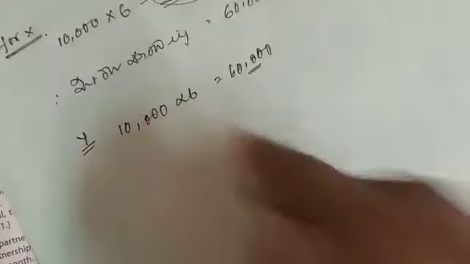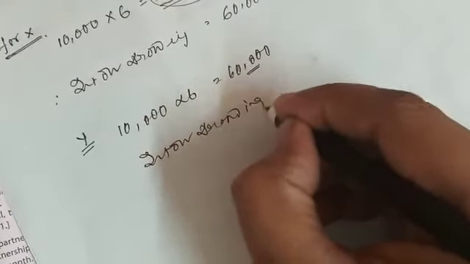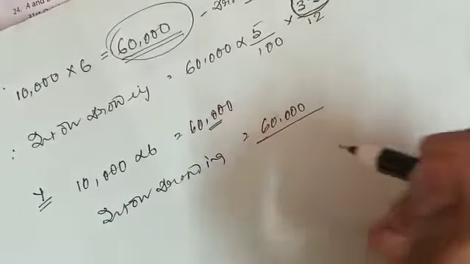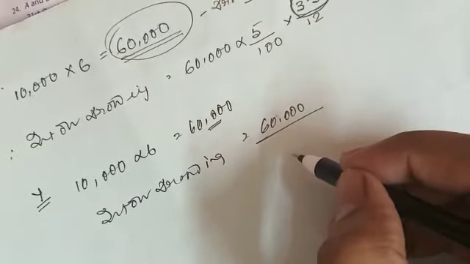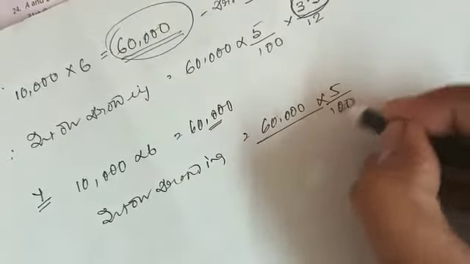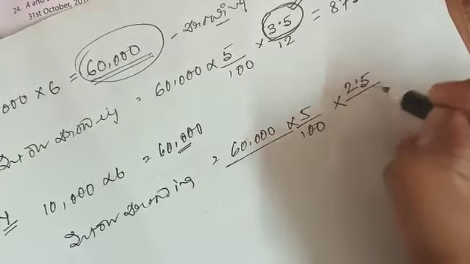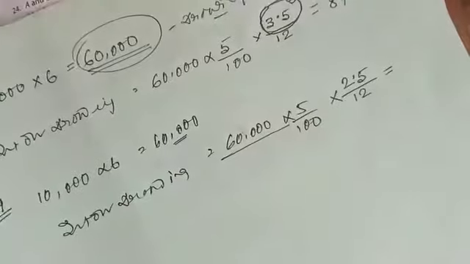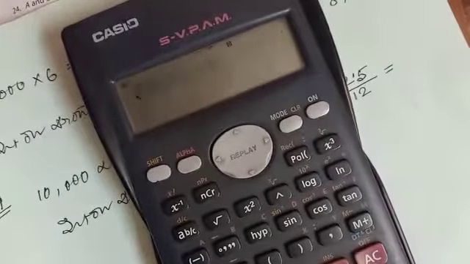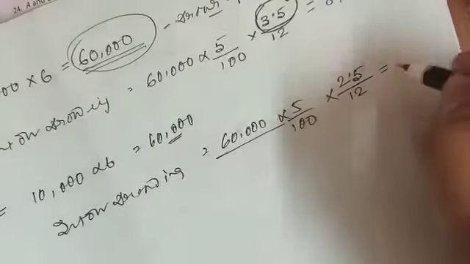So the interest on drawings should be 60,000 into 5%, and if it is the end of the month, then the rule is 2.5 months. 2.5 by 12. So how much is it? That is 625.